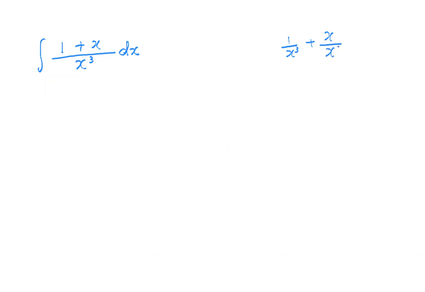I will say you split into two. Am I right? So I got two terms. One is x to the power -3 plus the other one is x to the power -2. Correct? I can simplify at the side. Then I bring it back here and do the integration.